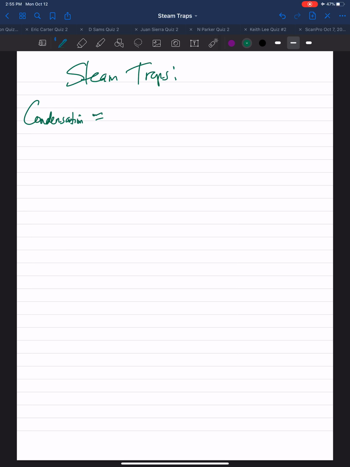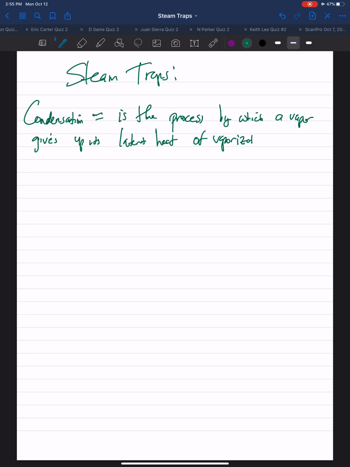So condensation is the process by which a vapor gives up its latent heat of vaporization and becomes a liquid.